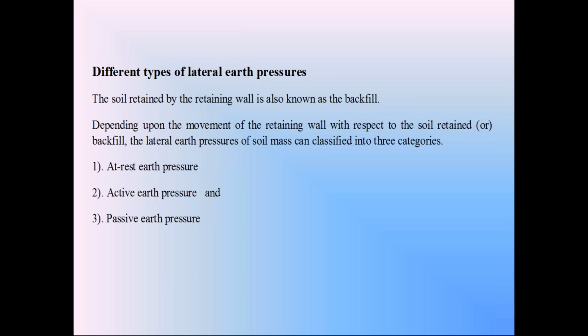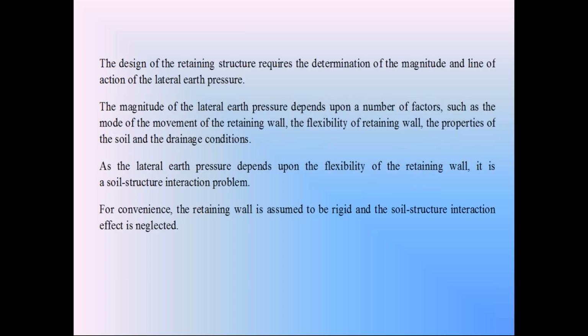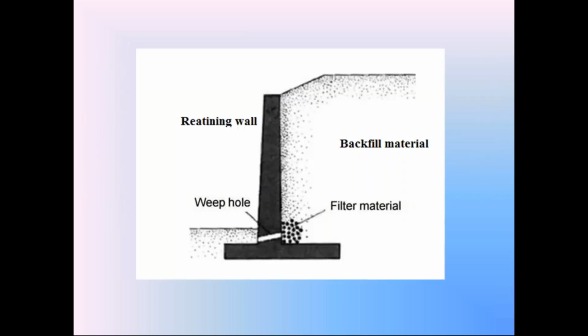Dear students, just now I discussed with you, the lateral earth pressure acting on the retaining wall depends on the movement of the retaining wall. The retaining walls may have horizontal movement. So once again, please check the diagram. In that previous diagram, the retaining wall is supporting the soil on the back side, and it is also supporting the soil in the front side.